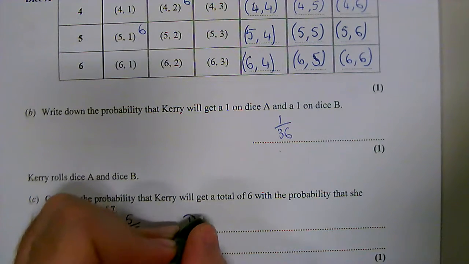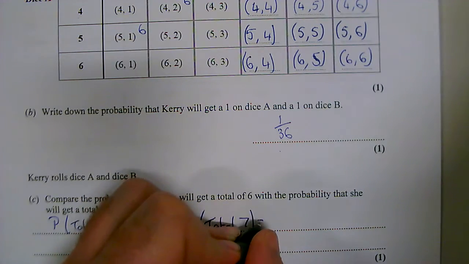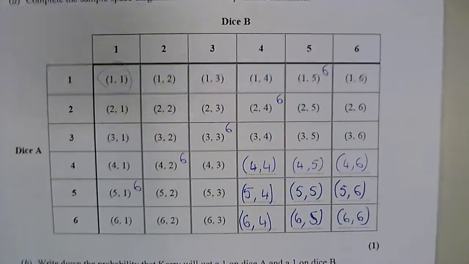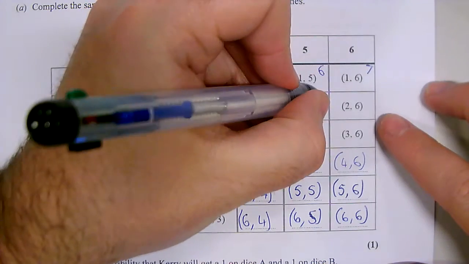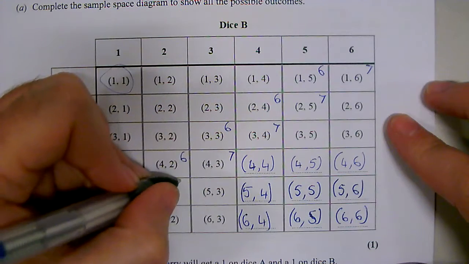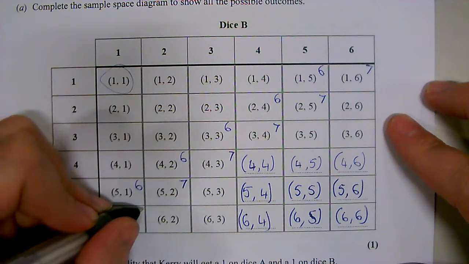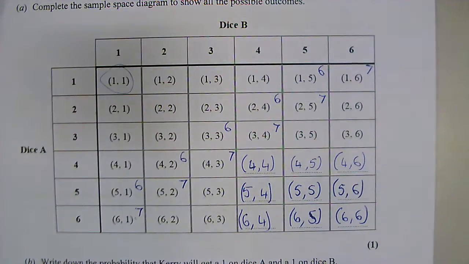The probability for the total being 7, okay, well I'm going to do the same again. Now I could get a 1 and a 6, that's going to give me 7, 2 and 5 gives me 7, 3 and 4 is also 7, 4 and 3 is 7, 5 and 2 is 7, and 6 and 1 is 7. Okay, well that's 1, 2, 3, 4, 5, 6 possible.